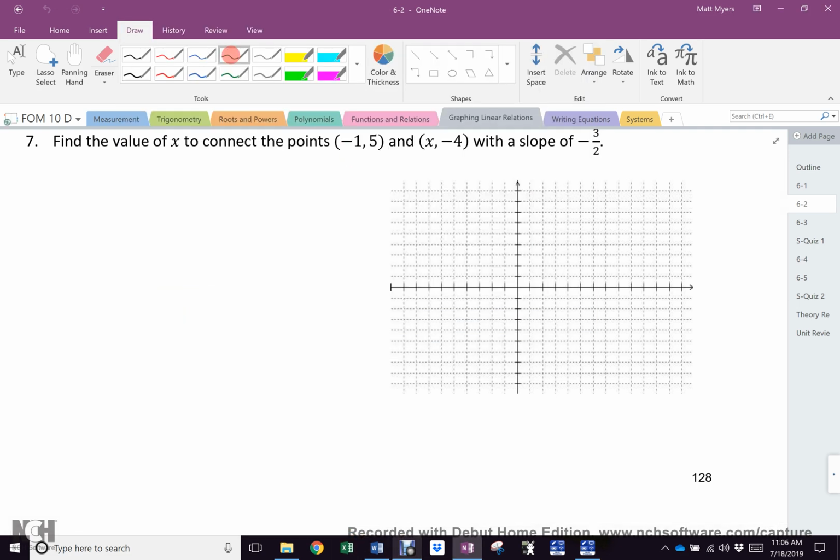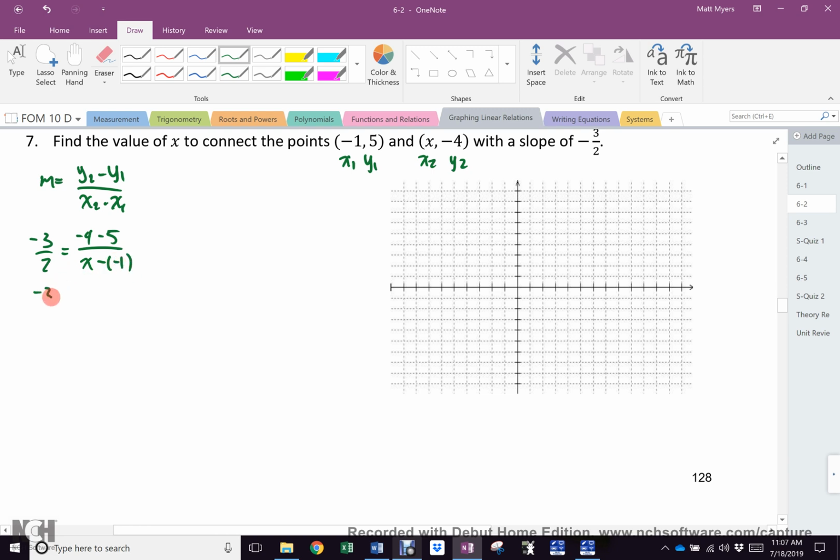So algebraically, I'm going to make that x1 because it's the first one I see. y1, x2, y2. Slope of -3/2. So m equals y2 minus y1 over x2 minus x1. If I write it out, it's impossible to do wrong. -3/2 equals -4 minus 5 over x minus -1.